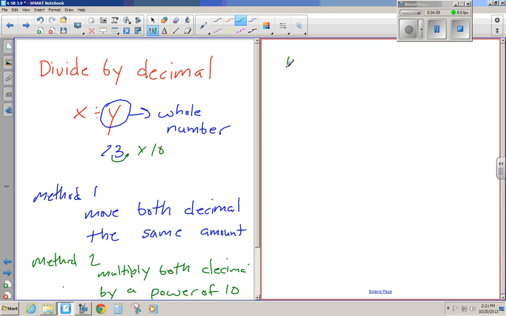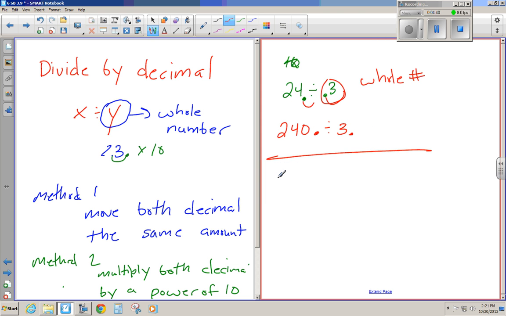Let's say I have 24 divided by 0.3. Well, there's a decimal point right here. And you'd say, I need to make this a whole number. So I move the decimal once. Move this decimal once. That means 240 divided by 3.